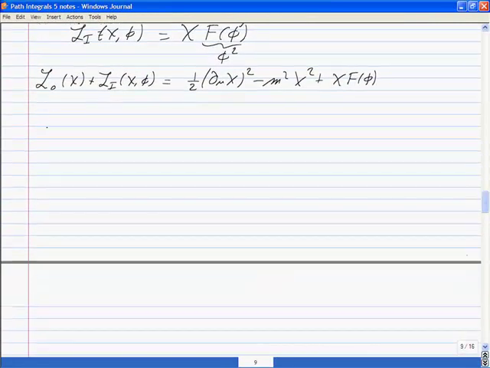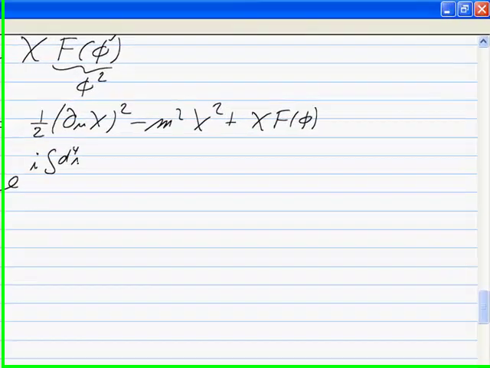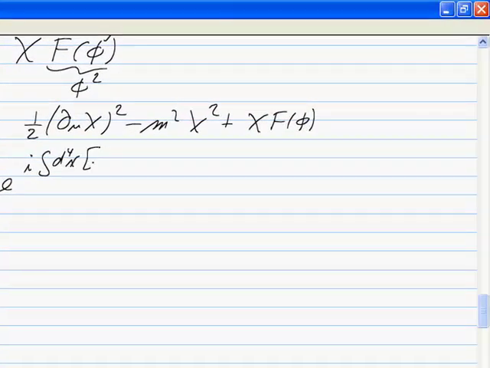And so then what I've written is e to the I w of phi is integral d chi e to the I integral d4x. Well, it's that piece. So let's just write it L0 plus chi f.